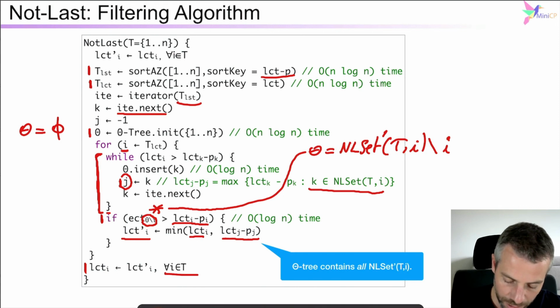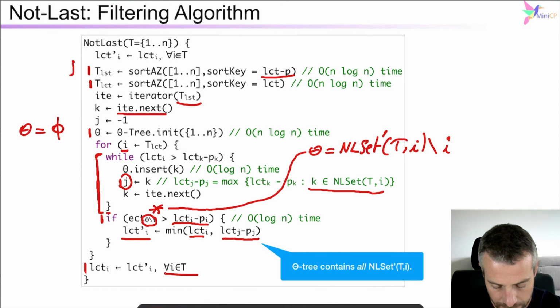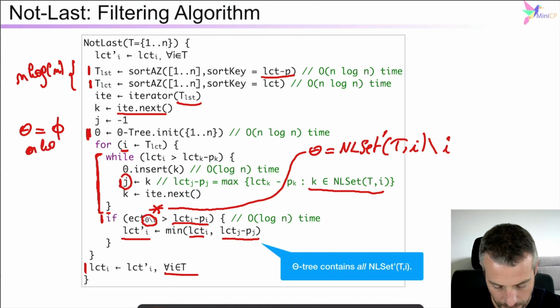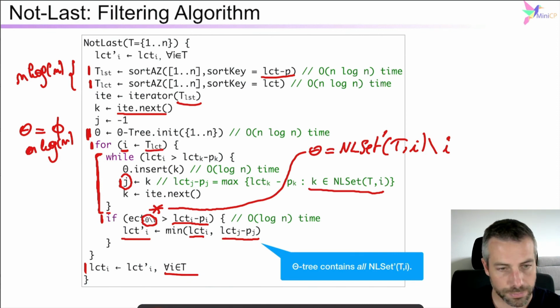So let's see what's the time complexity for this algorithm. First, we have the two sorts there. That's clearly n log n. Then we have the initialization of the theta-tree. That's also n log n. Then we have this loop, and this loop will consider each activity one at a time.